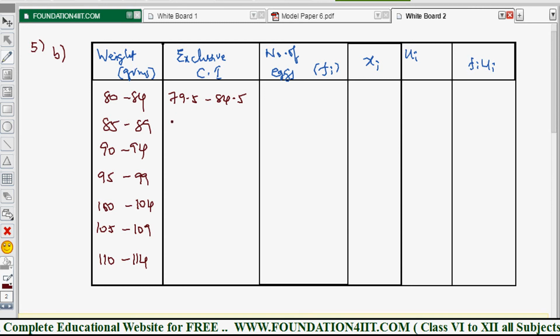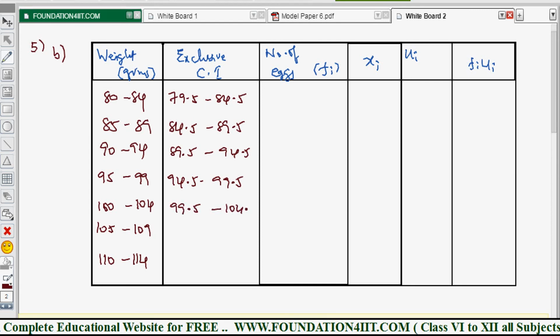Increase and decrease. And 84.5 to next is 89.5. It's 90 now, 0.5 decrease. Then 89.5 to 94.5, and 94.5 to 99.5. We do this for all.